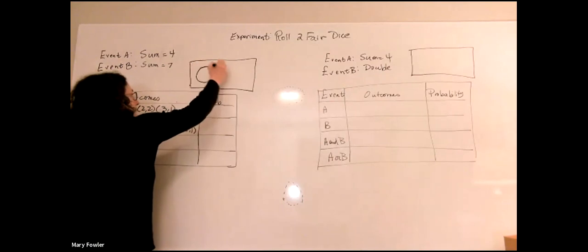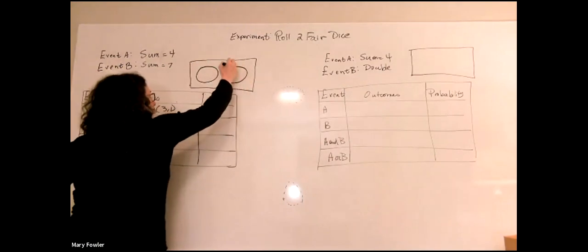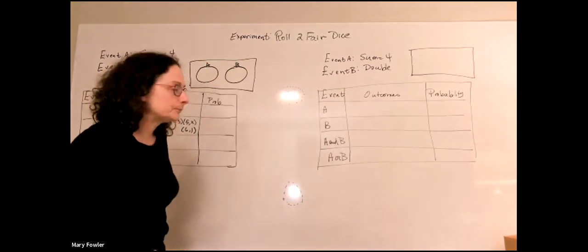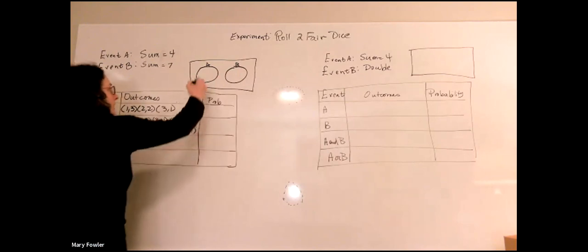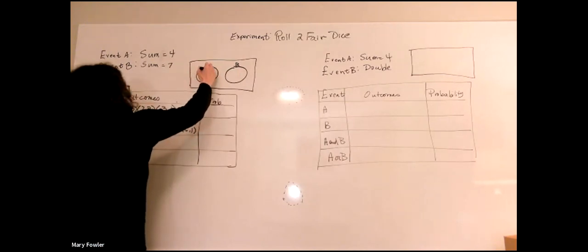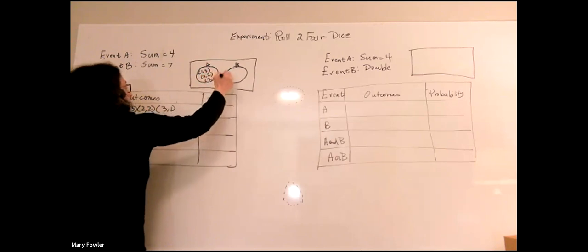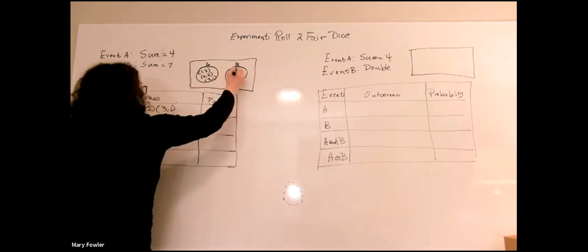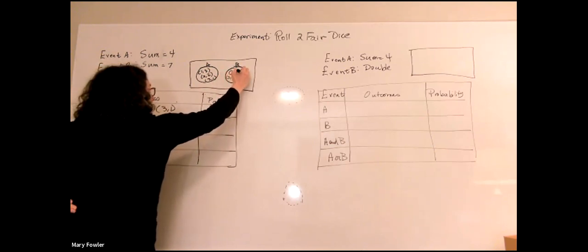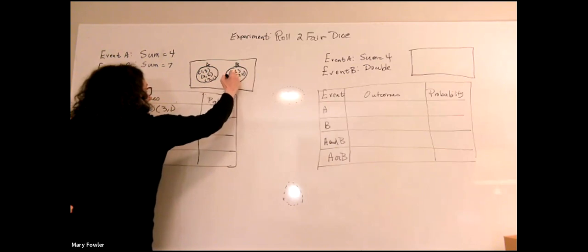But because they have nothing in common, I'm going to draw them as two separate circles on my graph. And I'm going to put in here the outcomes. Maybe I should have made this a little bigger. We'll see how I do.